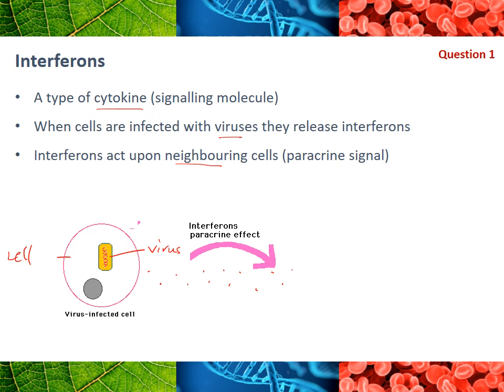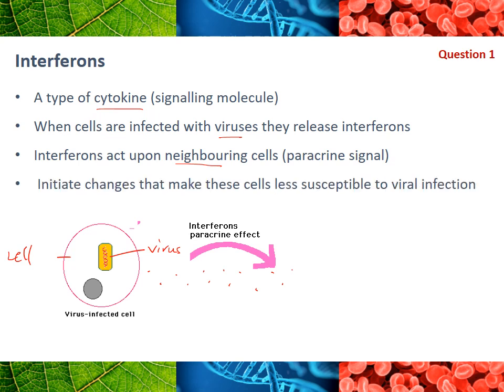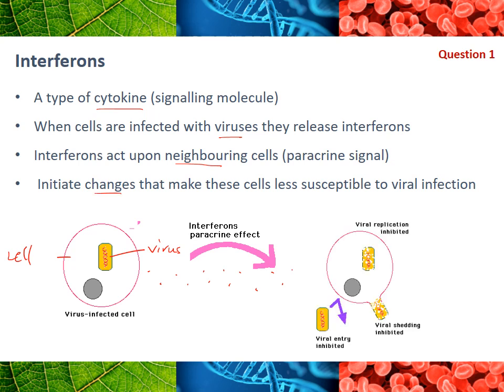So these interferons will move to the next cell and make some changes to that cell to protect that cell from that virus. Okay, so we go back here, we've got here our interferons. So these are those cytokines. They've traveled from one cell, which has a virus in it, to the next cell. And the aim is to protect this cell from the virus.